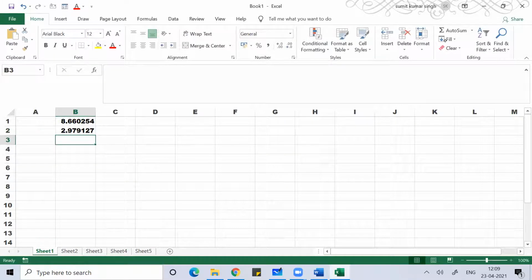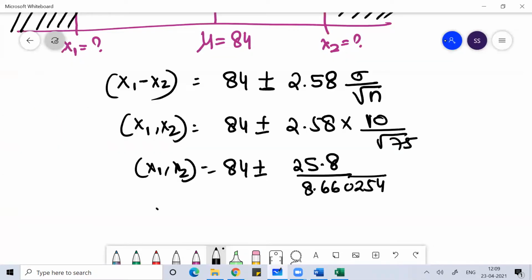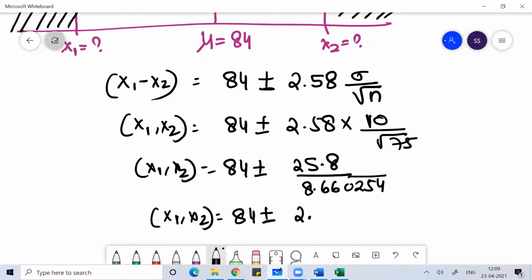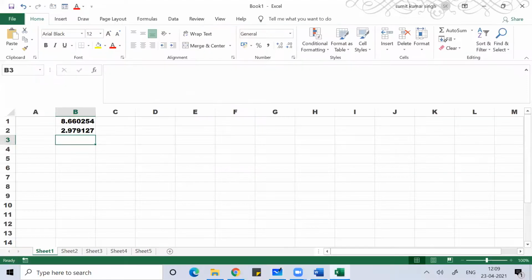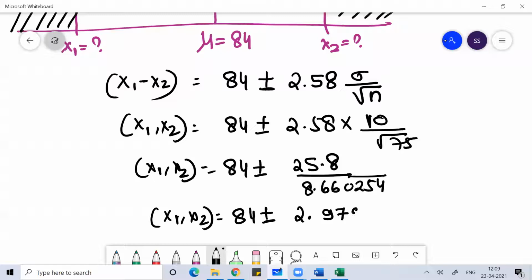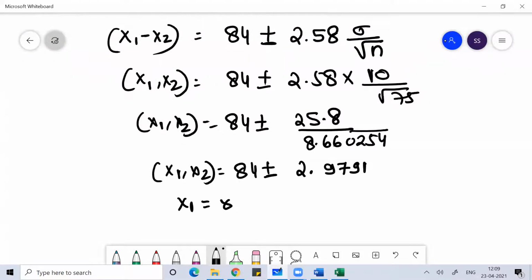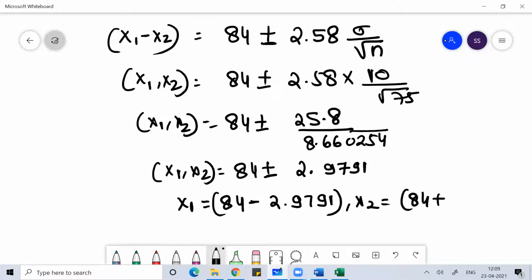So you'll get 2.9791. So x1 and x2 are 84 plus or minus 2.9791. Your x1 value is 84 minus 2.9791, and your x2 value is 84 plus 2.9791.